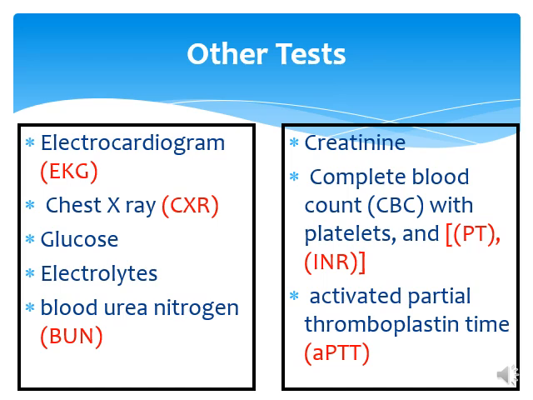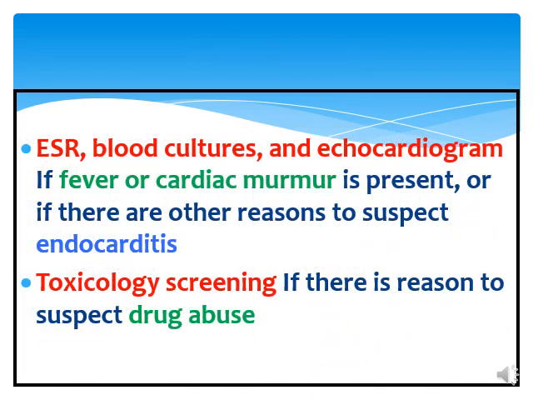The lab tests: we can do an electrocardiogram, cervical chest x-ray, glucose, electrolytes, blood urea nitrogen, creatinine, CBC, platelets, and PT, prothrombin time, and INR, international normalized ratio, activated partial thromboplastin time, ESR, blood culture, and the echocardiogram if fever or cardiac murmur is present, to rule out or to prove endocarditis.